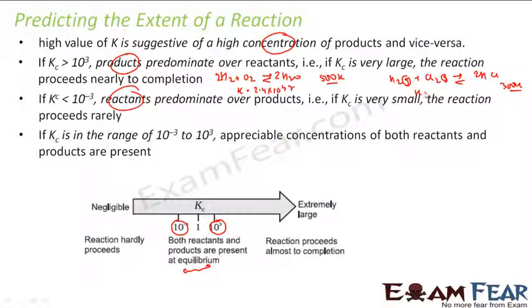For the previous reaction, my K is 4 into 10 to the power 31. If you see, they are very high values. That implies that in this case, most of the hydrogen and chlorine gas has combined to form HCl gas, right? That means my reaction is mostly in this side, the product side. Most of the reactants are consumed to form product.